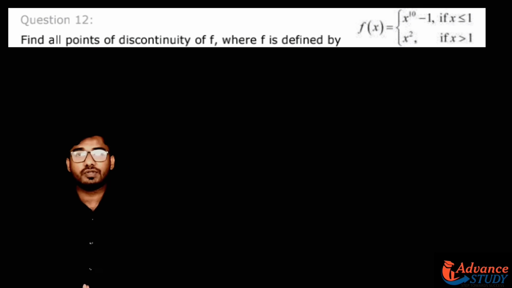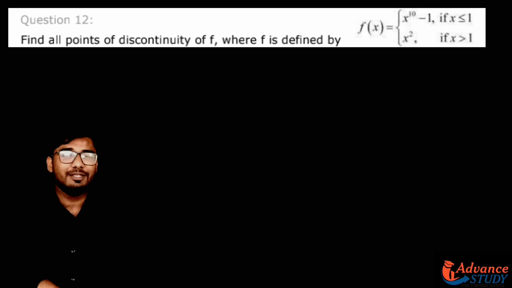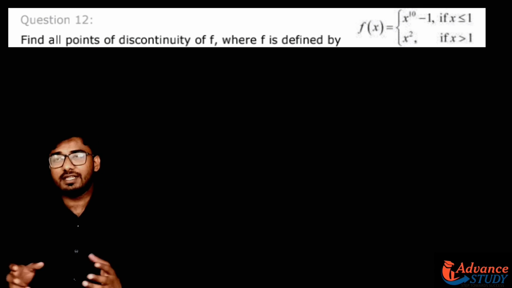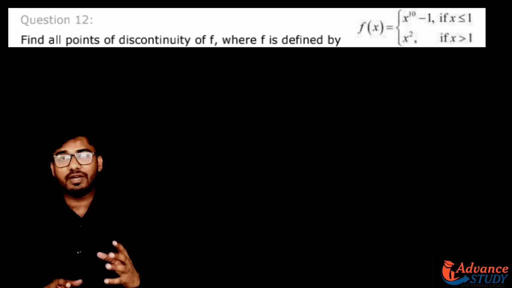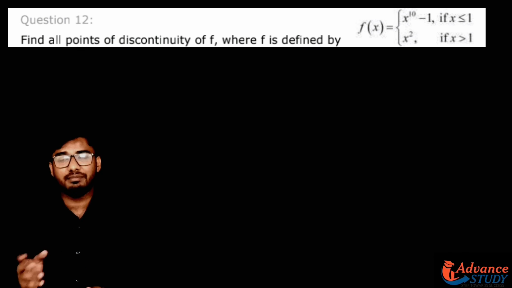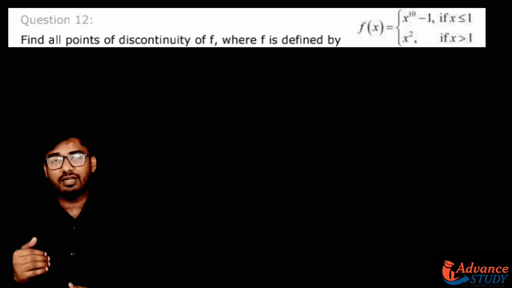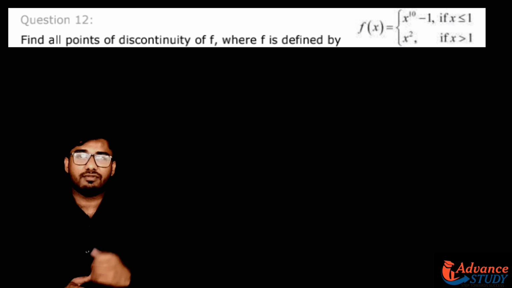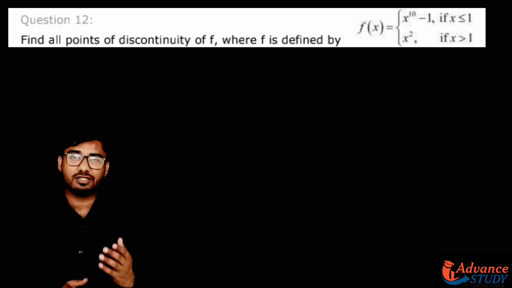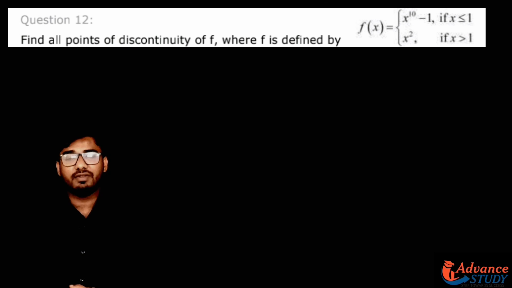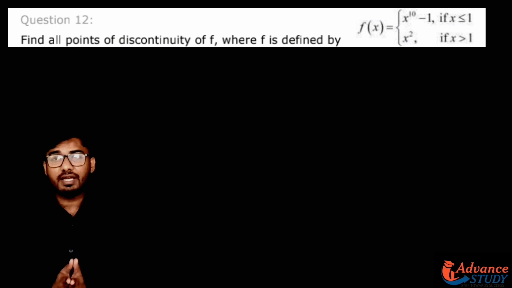So again by my own method, firstly study the question. We have two ranges, lesser than or equal to 1 or greater than 1. When we take a value lesser than 1, we have to take the first function, that is x to the power 10 minus 1, and when we have the greater number, we have to take x square.